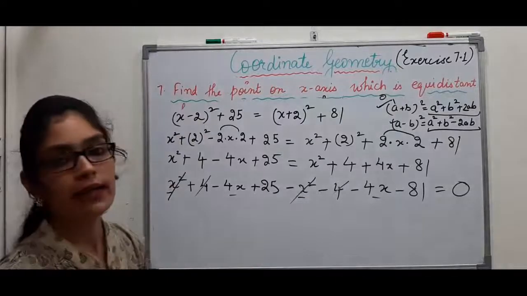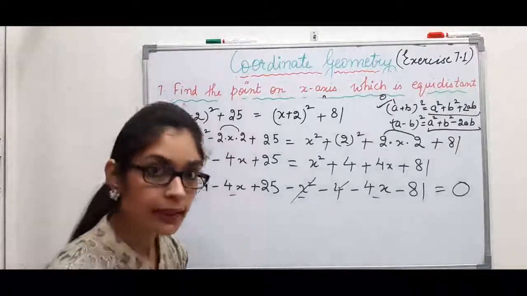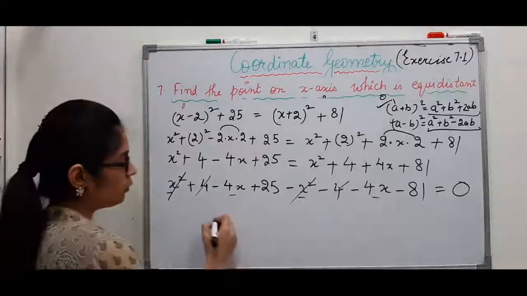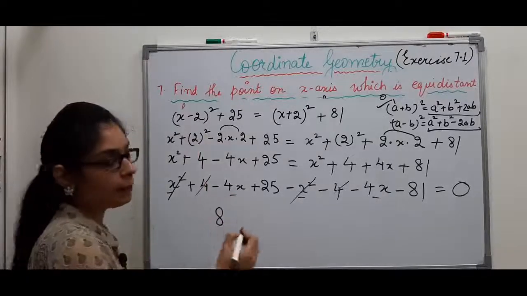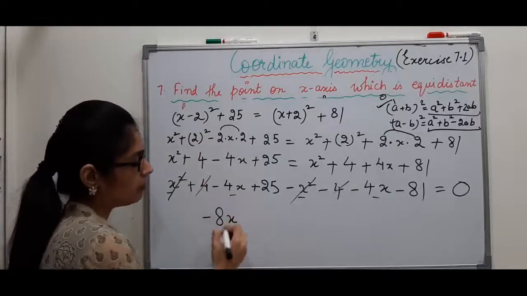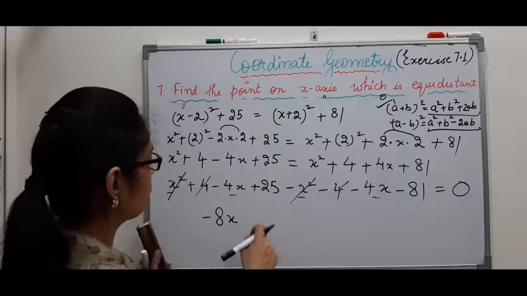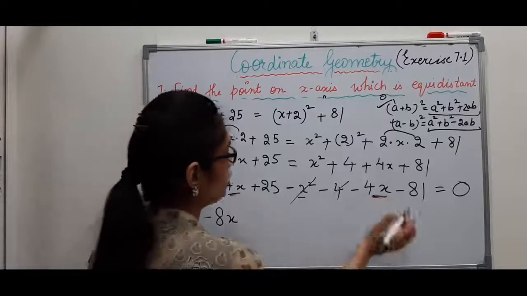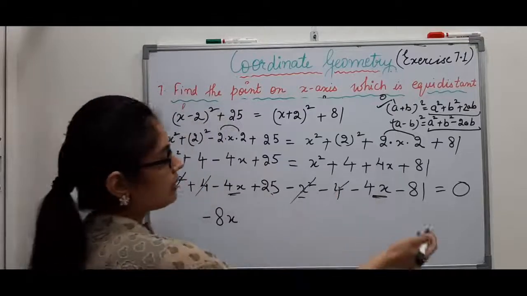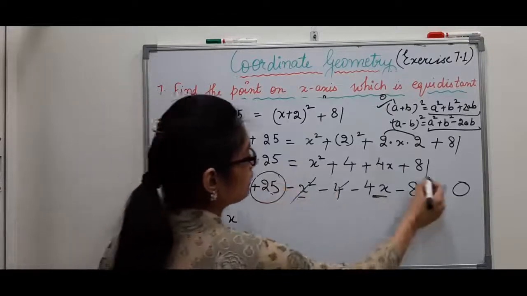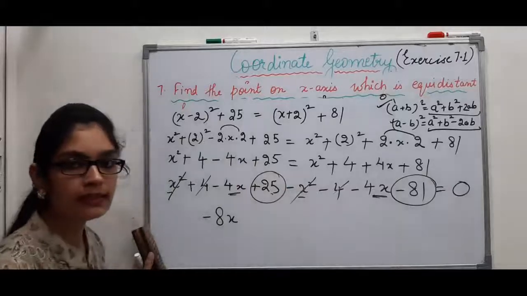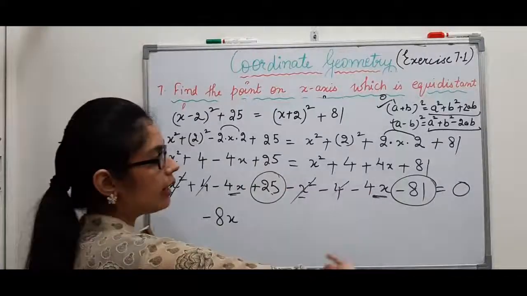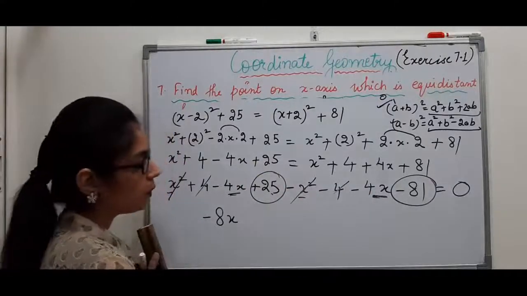These terms are like terms. Minus and minus is plus, so 4 plus 4 is 8, with a minus sign. The x variable we also have to write as it is. Plus 25 minus 81: this term and this term, because both terms are constants and they are like terms. Like terms we can add or subtract.